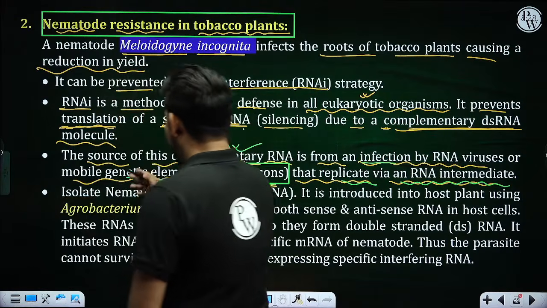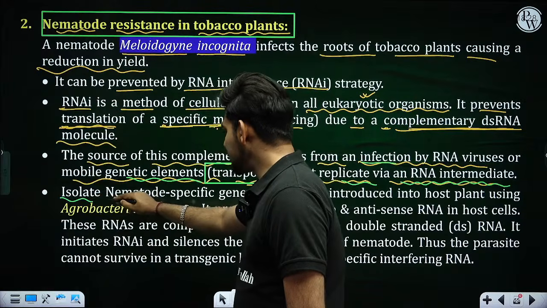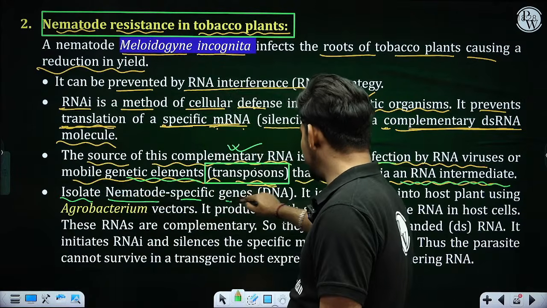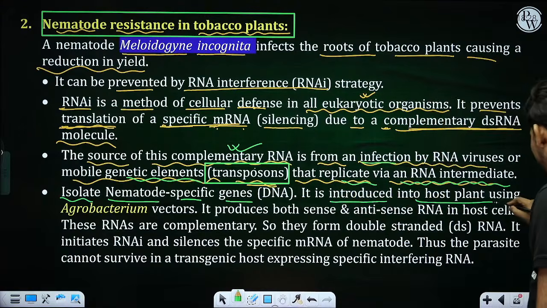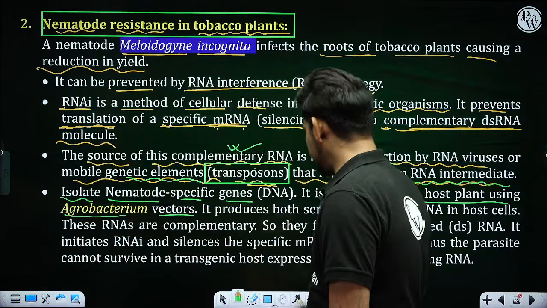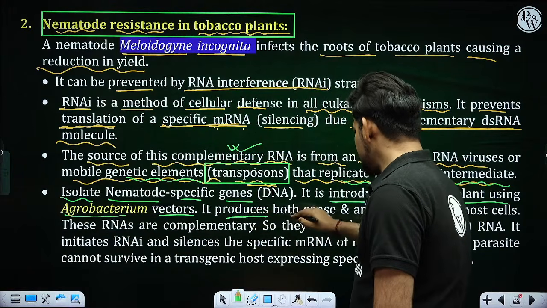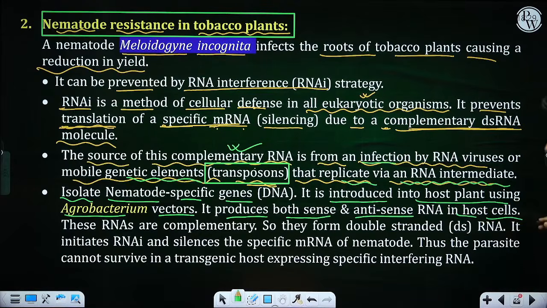Now, for our case, what do we have to do? We have to isolate that nematode-specific gene. It is introduced into the host plant using Agrobacterium vectors, and it produces both sense and antisense strands in the host cell.